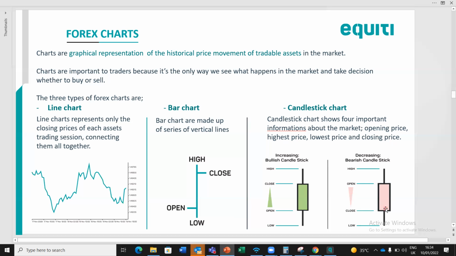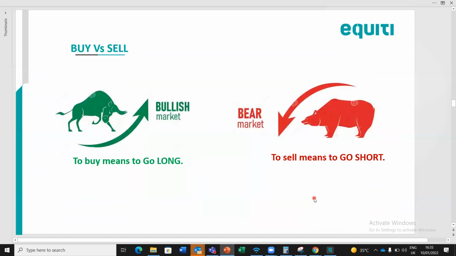I'm going to come back to explain when I talk about candlestick charts majorly. In the intermediate classes, we're going to learn a lot from the Japanese candlesticks.